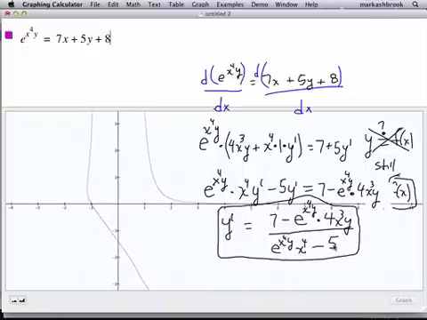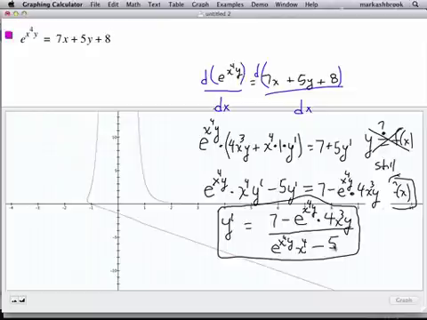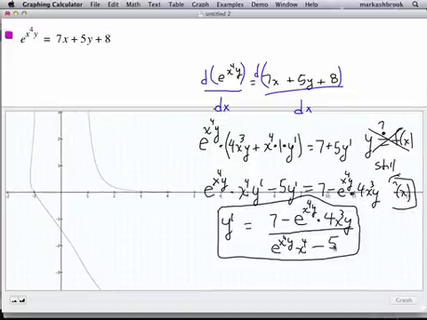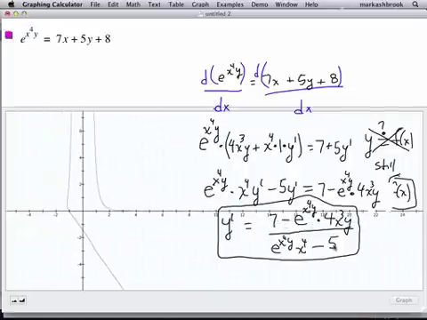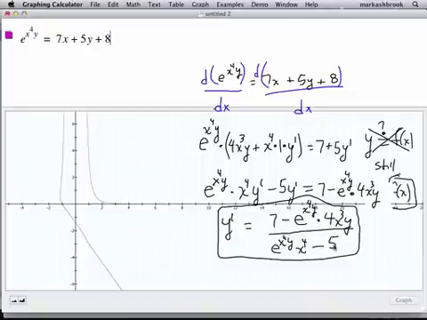Okay, and so let's just zoom out a little bit. We'll do that. Just trying to estimate. Okay, so slightly interesting. So let's see here.